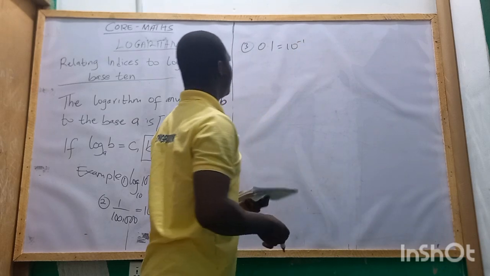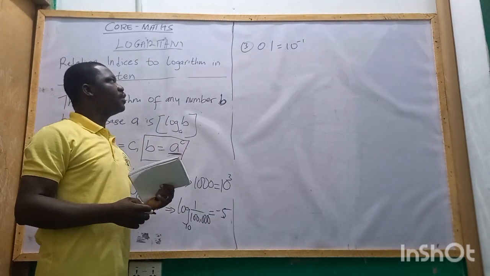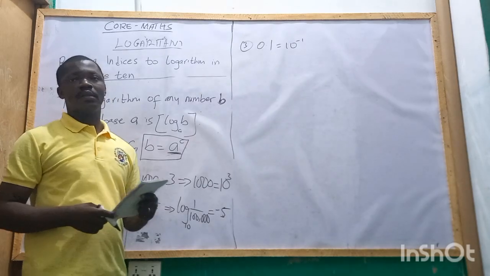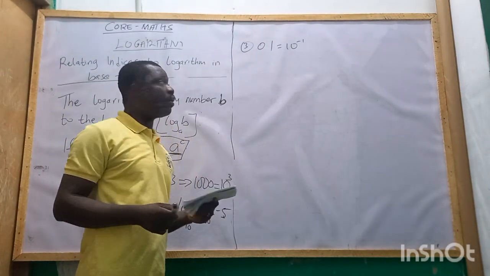They have given me 0.1, which is equal to 10 exponent -1. They say I should write it in log, so I should convert it to log.